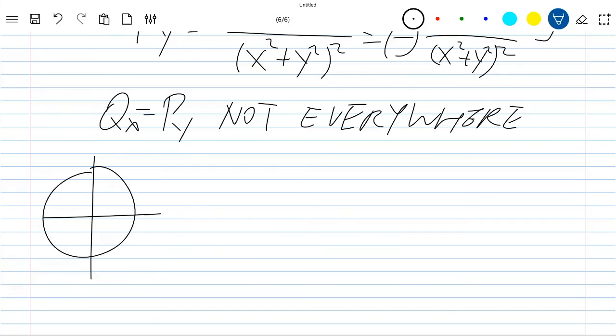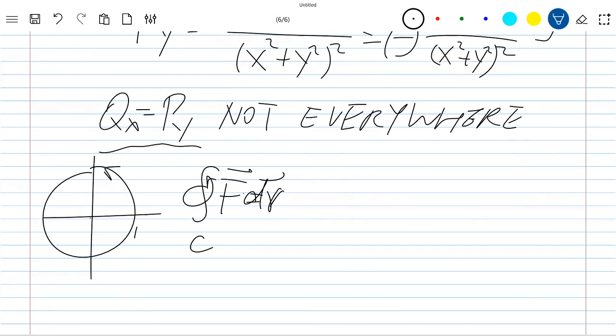So if you integrate that field along the curve, say this is the center and this is the origin, and this is the radius 1, you see. If you are not careful, then you may say, hey, this must be 0 by Green theorem because this is true, right? Well, except at one point.